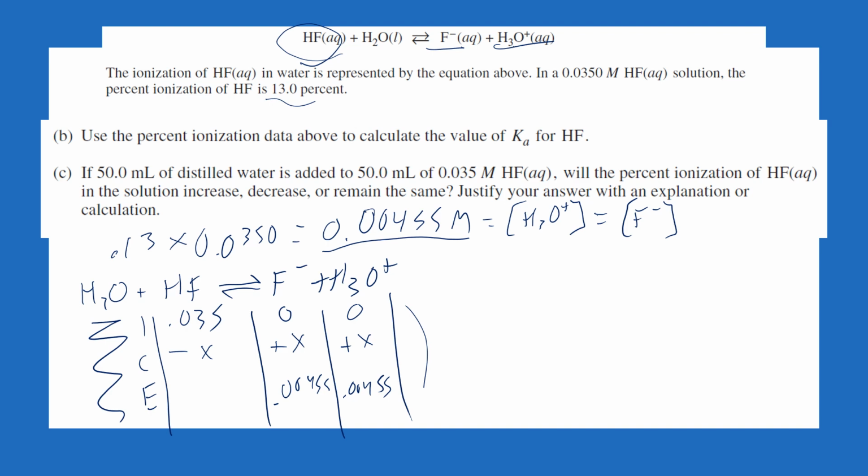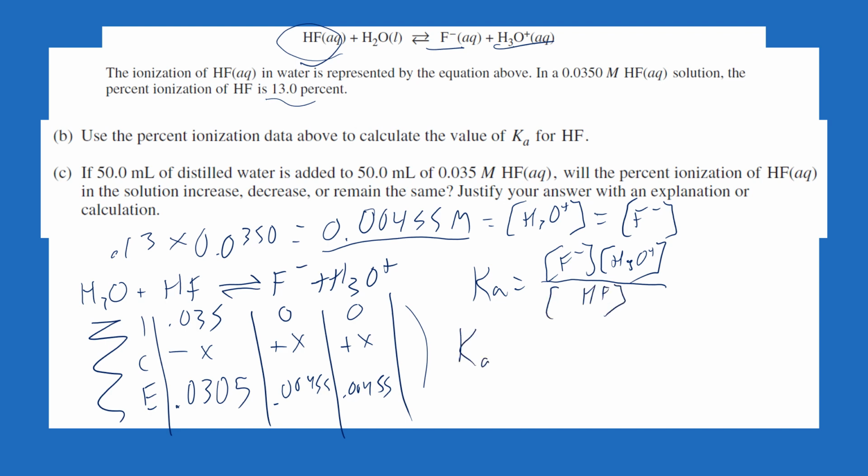So I can subtract 0.035 minus the 0.00455, and I get 0.0305. I'm using 3 sig figs there. Now I can plug that into my Ka expression, which is products over reactants at equilibrium.